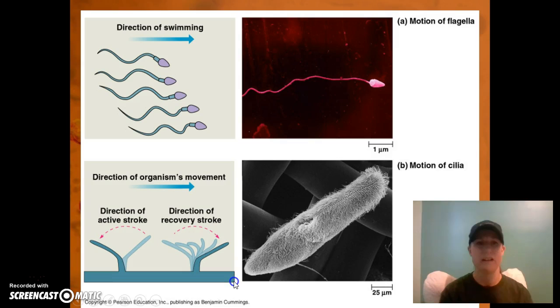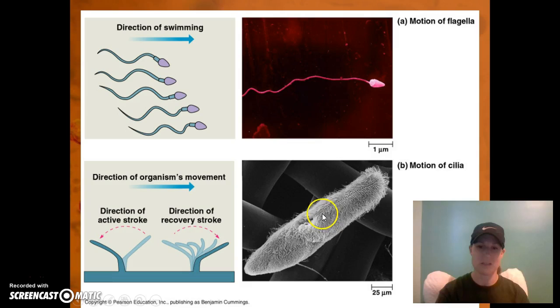It might be. Let's take a look, though, at movement. So, yes, this is sperm. Get over it. If we look at the motion of flagella, what we see here is this undulating movement. So that's how it whips, okay? Like a fish, right? It's a swimmer. If we look at the motion of cilia, though, it's different.